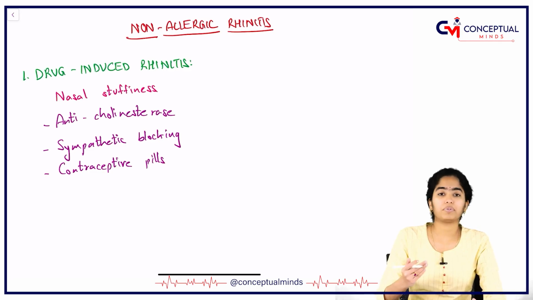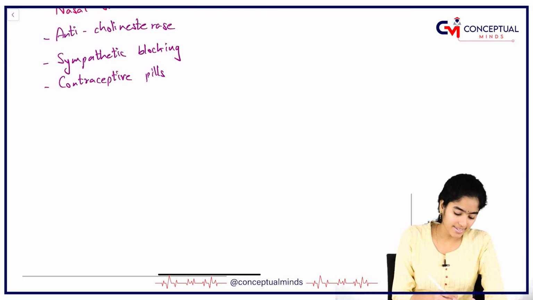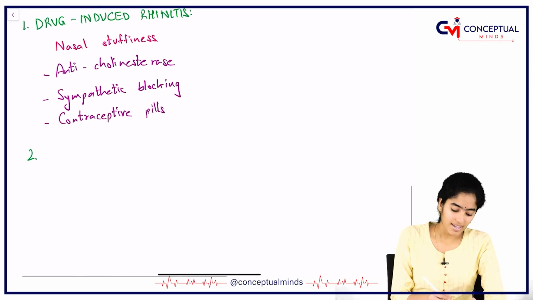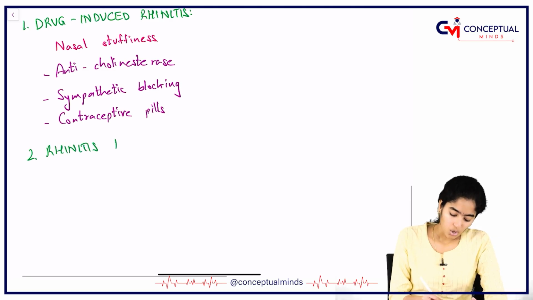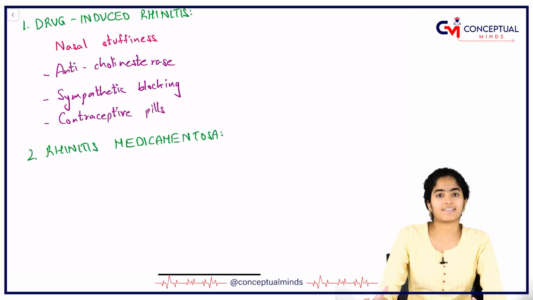Now, apart from drug-induced rhinitis, there is another condition called rhinitis medicamentosa. What is this and how is it different from drug-induced rhinitis? Please pay attention and try to understand. In drug-induced rhinitis, we are using the drug for some other purpose elsewhere in the body.